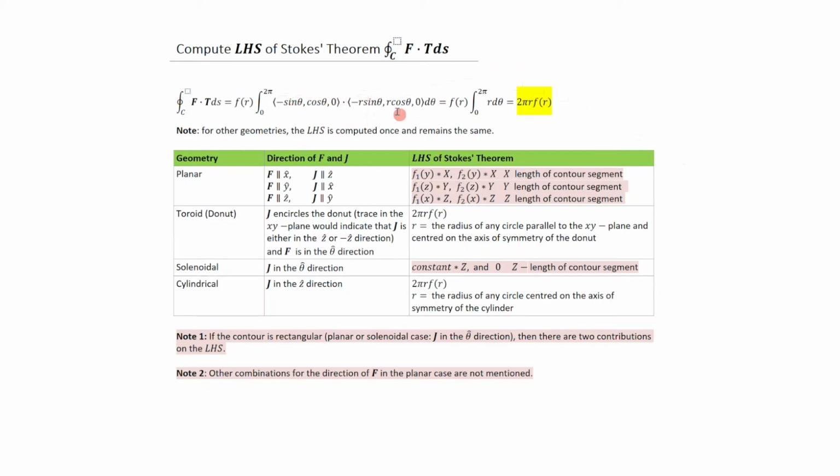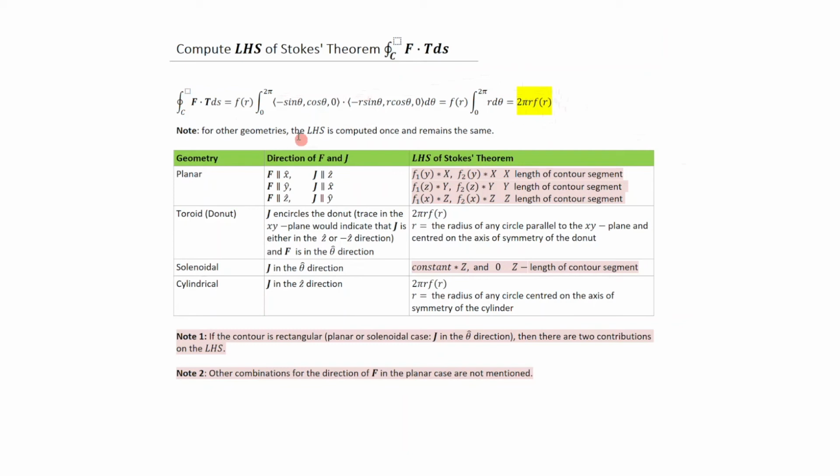Sine squared plus cos squared will give you 1, and you're just left with an r. And the integration then, therefore, is from 0 to 2 pi, and this just becomes 2 pi r F of r. Now you'll notice that this is, of course, what we're trying to determine. It's the scalar function, it's a function of the radius. But 2 pi r is the circumference of the circle, which was the contour that was chosen.